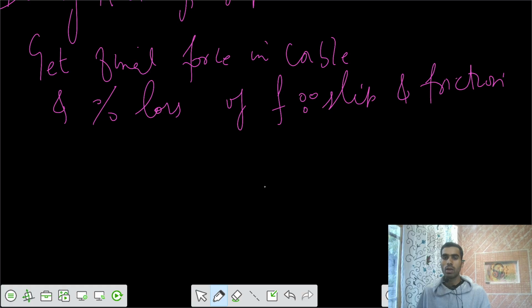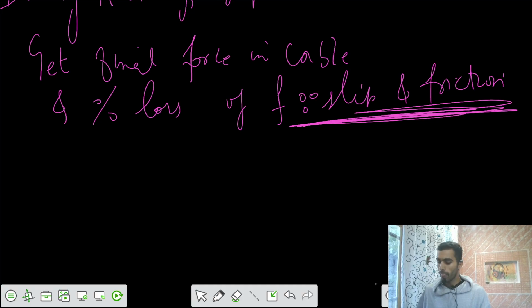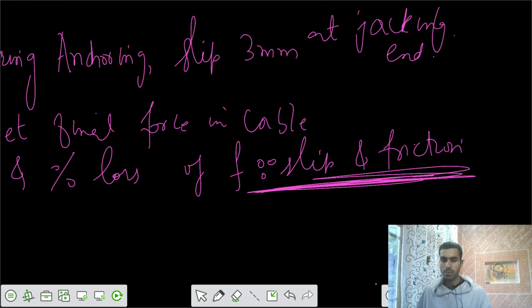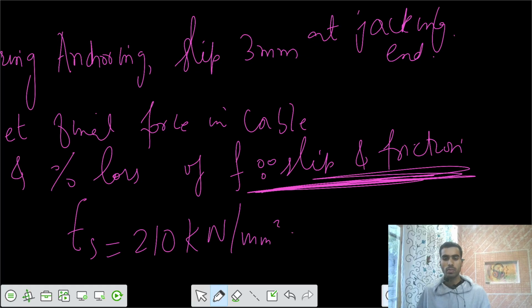So we have to calculate these two effects. Your modulus of elasticity, Young's modulus for the steel, is 210 kilonewton per millimeter square.